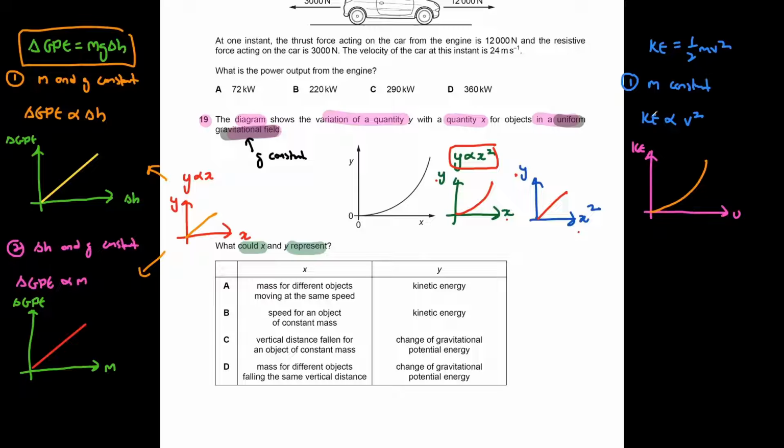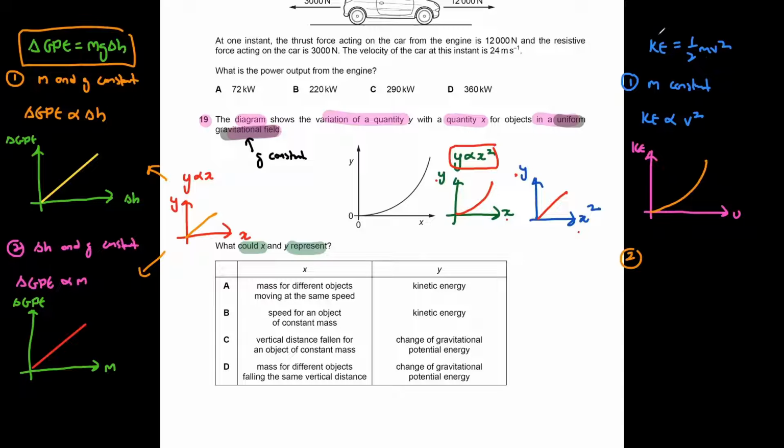So here, I can actually have this graph here if I plot KE versus v. Okay, but if I plot KE versus v squared, I'll get a straight line graph now. All right, but that one is actually not inside my answer choices, so I'm not going to draw it out. Okay, second case.